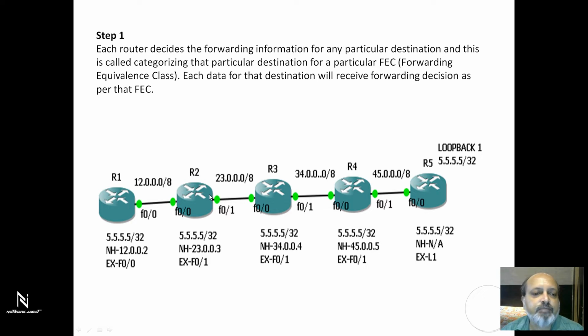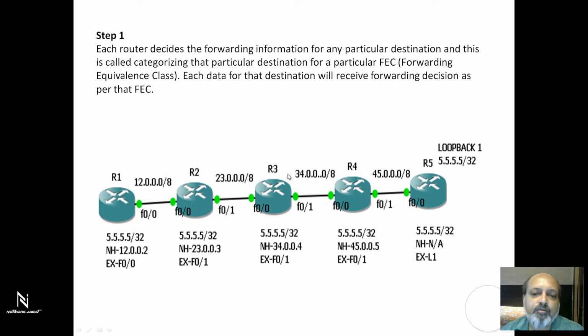These are all routers. Their interconnecting networks are like this: this is 12.0.0.0/8, that is 23.0.0.0/8, that is 34.0.0.0/8, and that is 45.0.0.0/8.